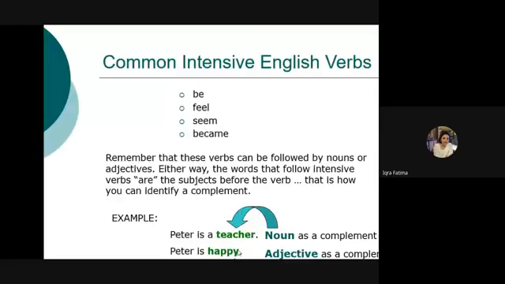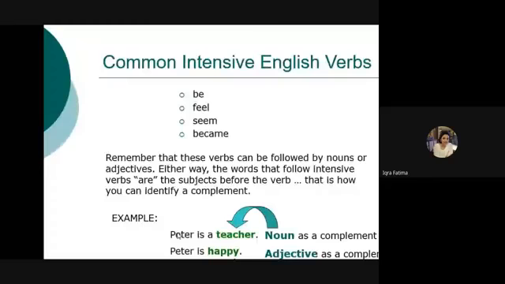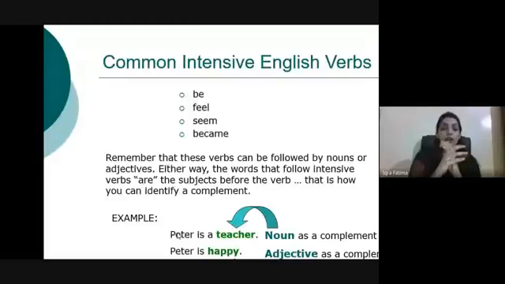Now a complement could be a noun, or a complement could be an adjective. If you see, these two words are telling you about Peter. There is no action which is performed on these words, which is why they are called complements, because this is the complement on the subject.